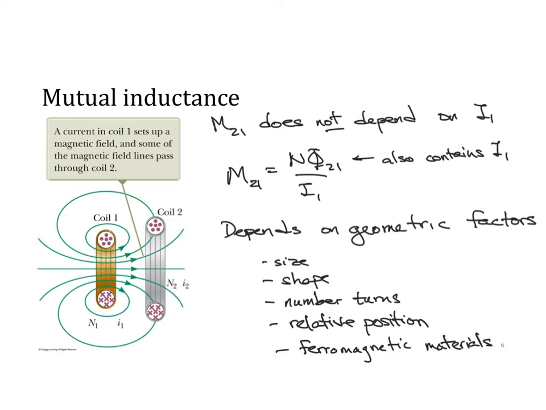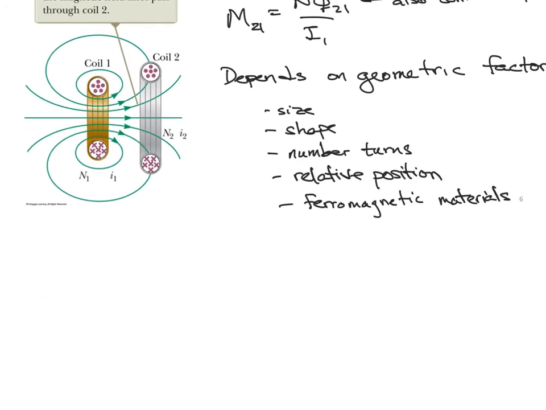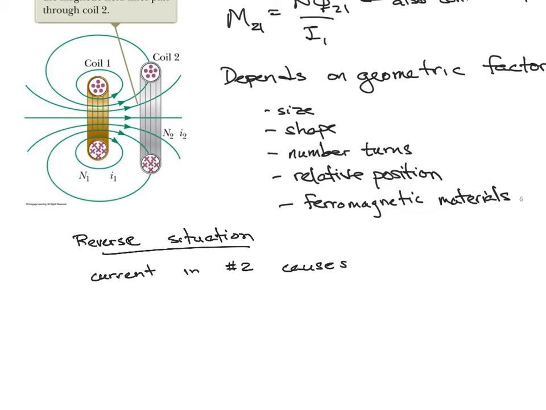So the reverse situation, you can look at this and imagine that if we did a reverse situation, our reverse situation would be current in coil number 2 causing a flux through coil number 1.